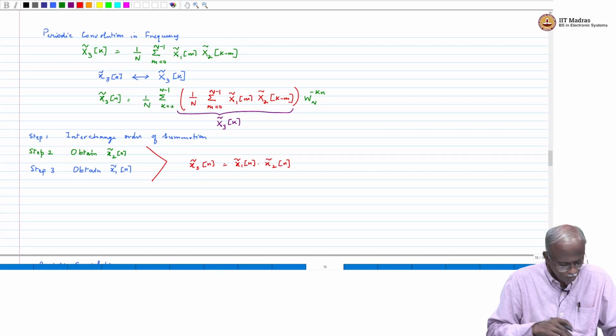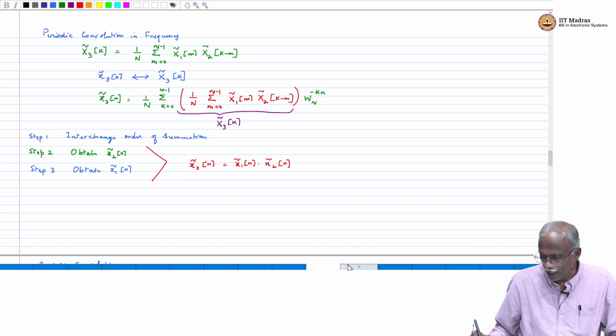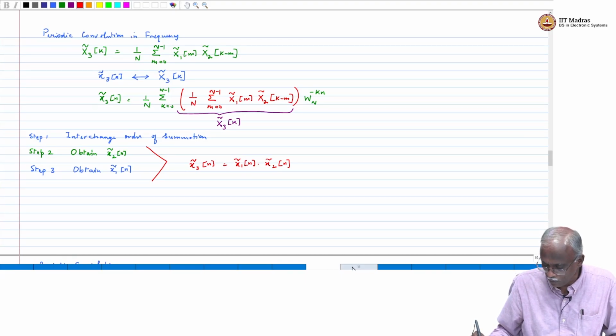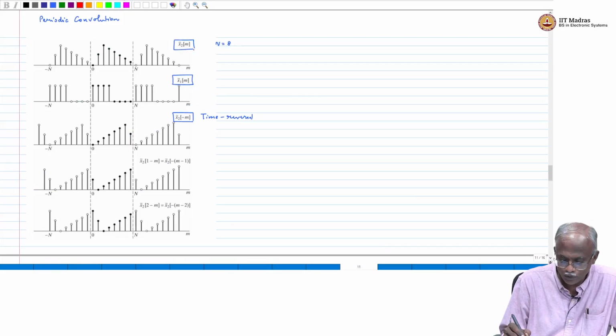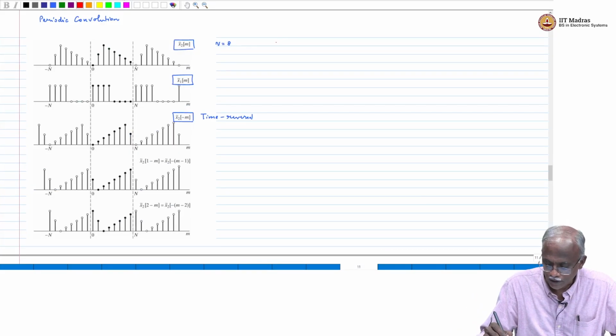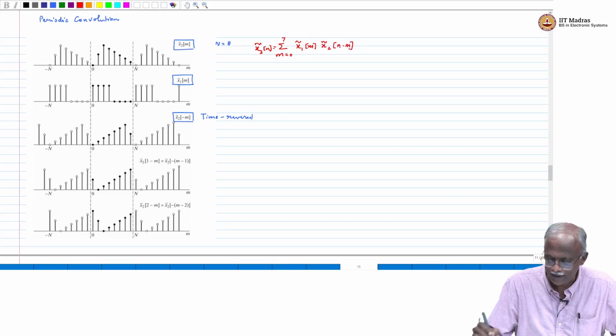Now before we proceed any further, I want you to have an idea of what circular convolution is all about. We have two sequences and we want to do the circular convolution. So x3 tilde of n equals summation m equal to 0 through 7, x1 tilde of m, x2 tilde of n minus m.